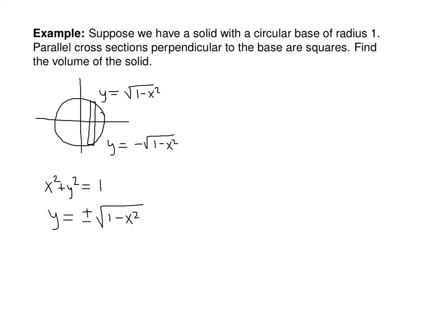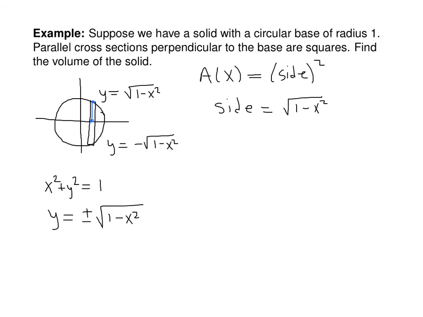Similar idea. So the area of my cross section, because it's a square, is side squared. What we need to find is an expression for the length of a side. The reason that the length of a side is not just root 1 minus x squared is because that is just the distance from here to here.